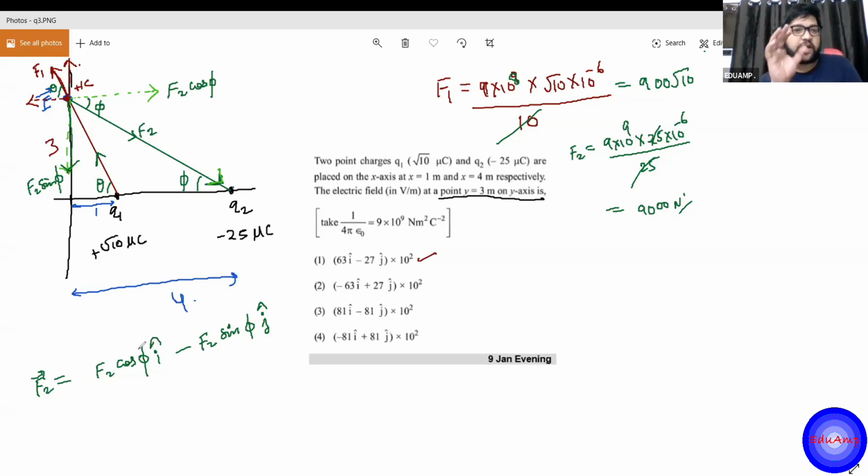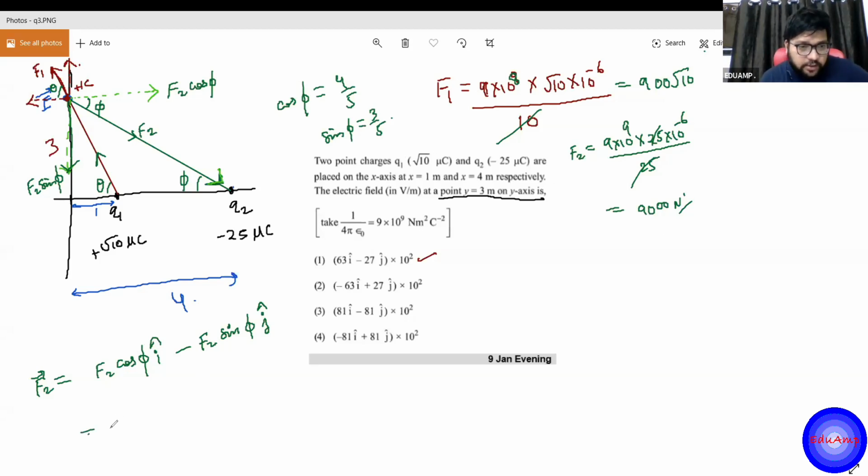I write it in the direction components. Now cos phi I can easily write, right? Cos phi, from the triangle 3, 4, 5, is simply 4 by 5. Sin phi from the triangle is 3 by 5. The magnitude of F2 I know, that is 9,000 Newton.